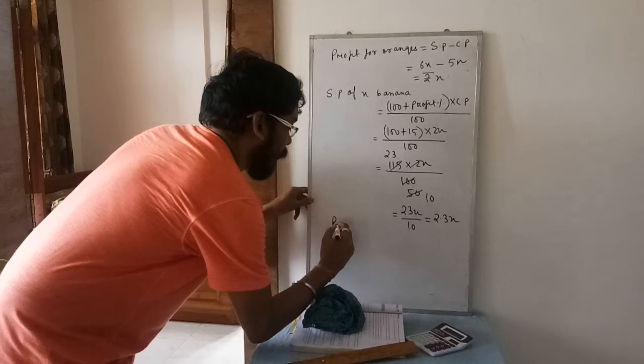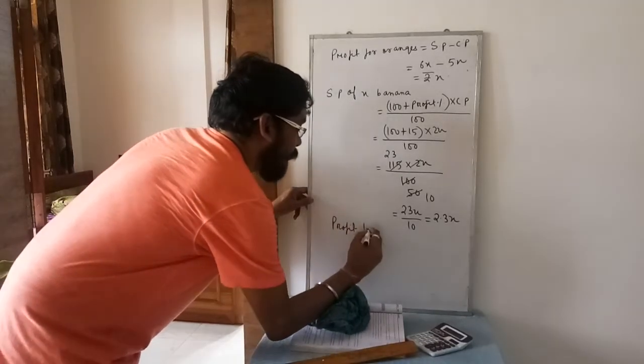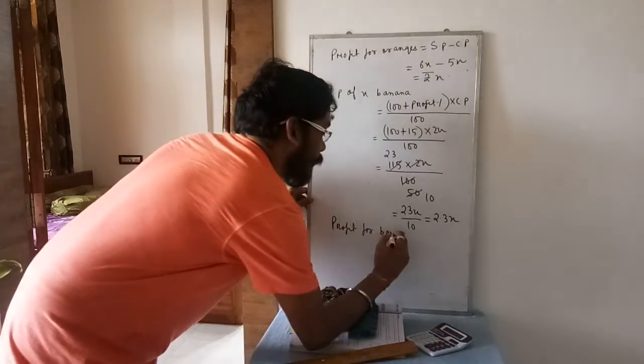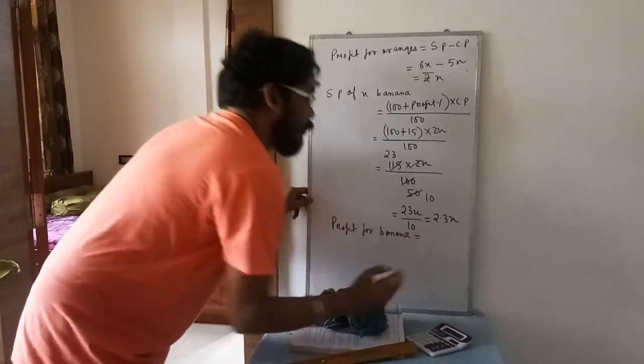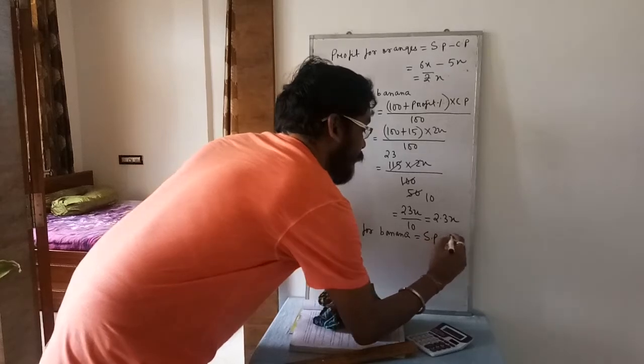So profit for banana. Why are you finding out profit? Because total profit is given. So it is SP minus CP.